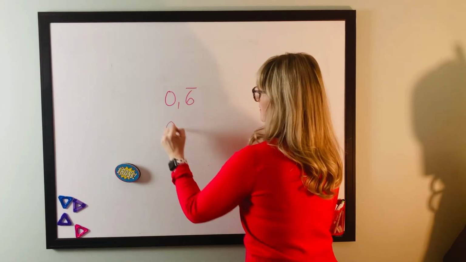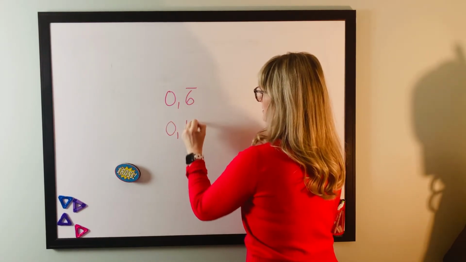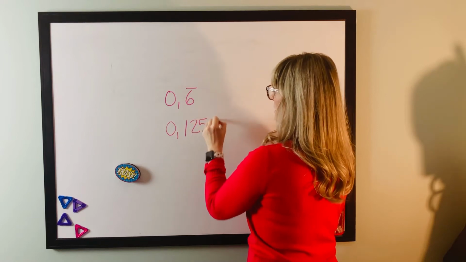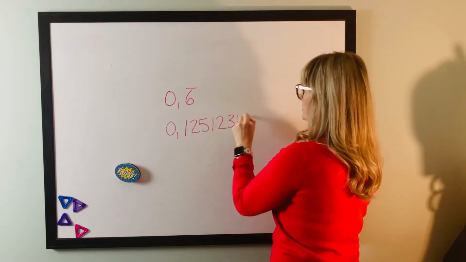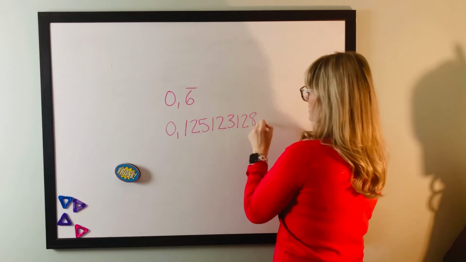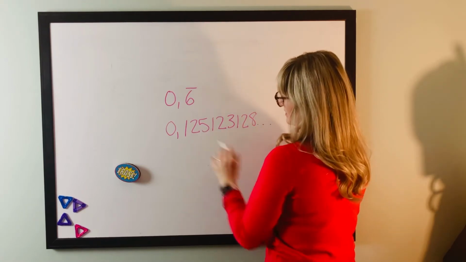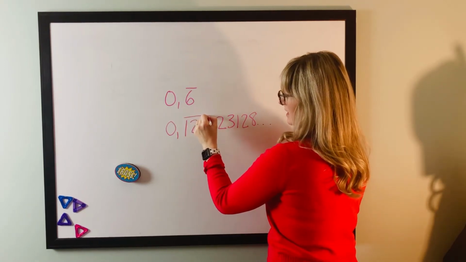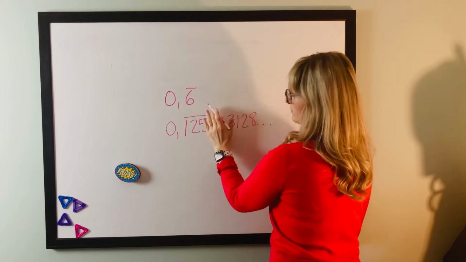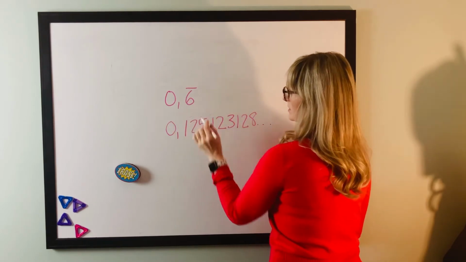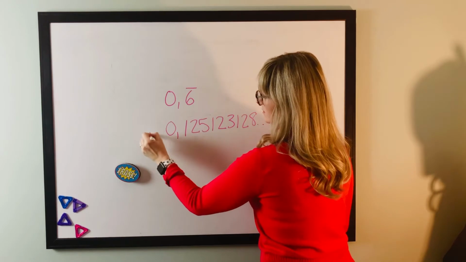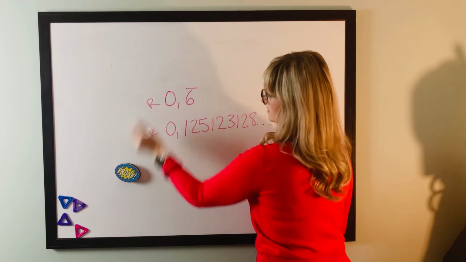If I have 0.125 and then 1, 2, 3, 1, 2, 8, there's no predictable pattern, and it's not like we have that, which would tell us it would be 125, 125, 125. So this is irrational, and this one is rational.